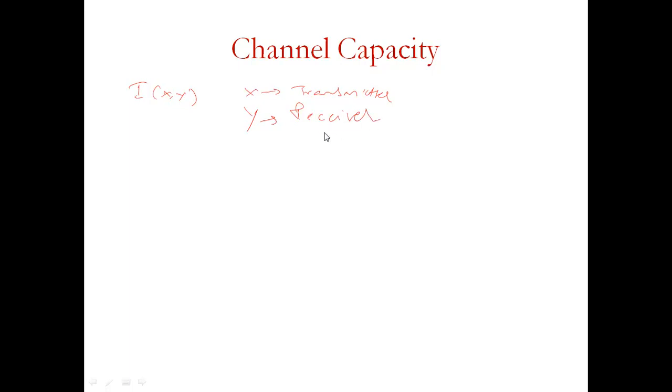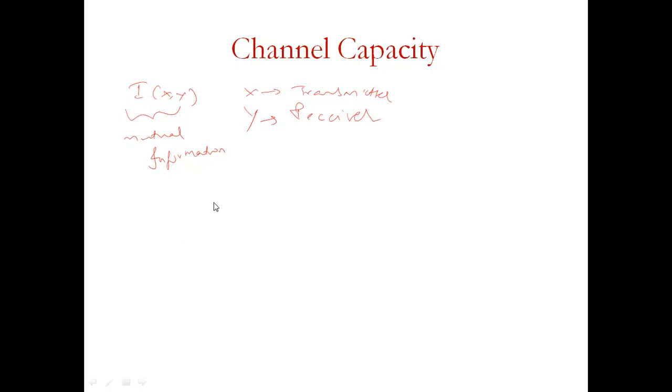I of x comma y is the mutual information transmitted and received for every bit of x transmitted and y received. So we can calculate the channel capacity from the mutual information.